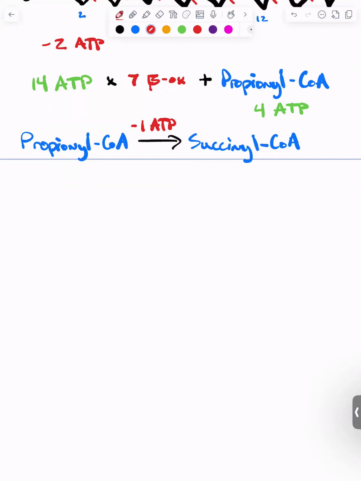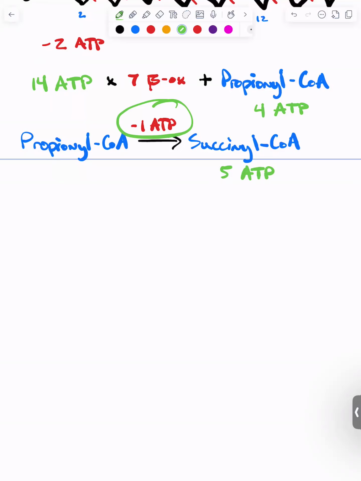So 5 ATPs worth of electron transport chain donators is missing between acetyl-CoA and succinyl-CoA. Hence, acetyl-CoA is worth 10 ATPs, and succinyl-CoA is worth 5 ATPs. But because you spend 1 ATP, your net for propionyl-CoA is 4 ATPs.